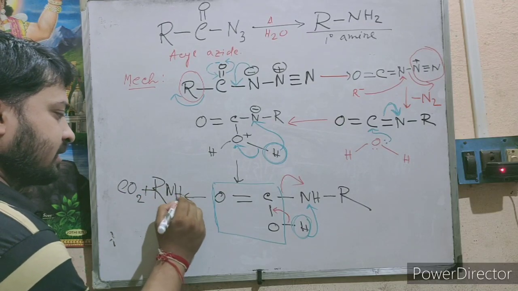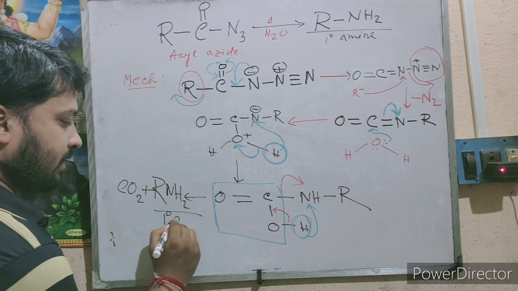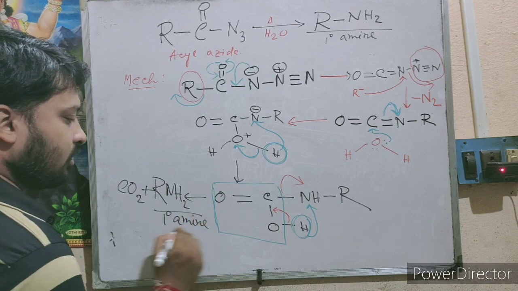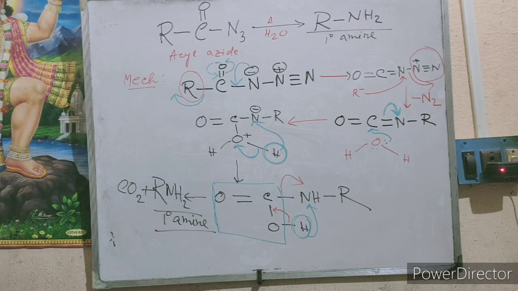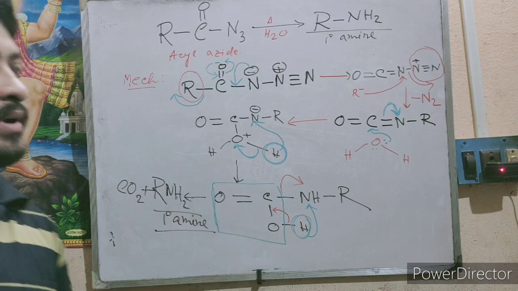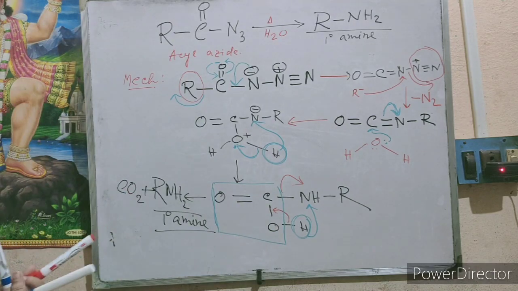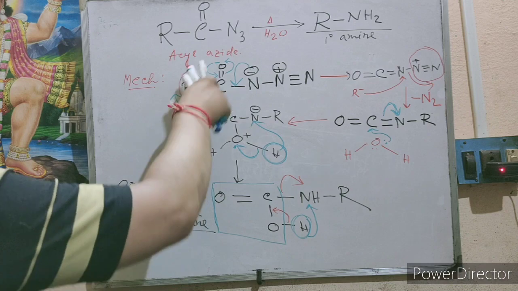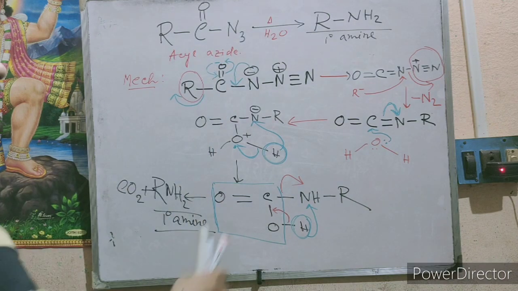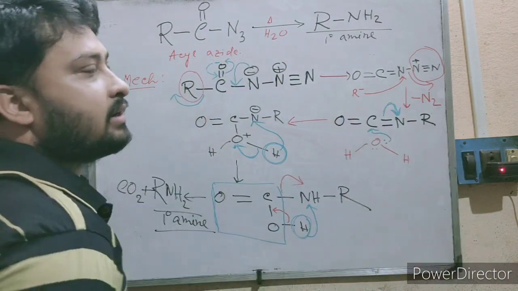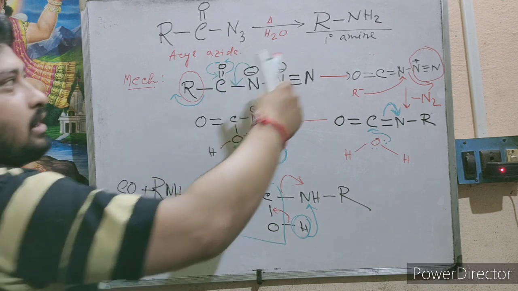This is the primary amine that I want to prepare. So this process is very important. This process is known as the Curtius rearrangement, or you can say the Curtius reaction. So you have acyl chloride, and you just give it heat and water, then you can prepare amine.